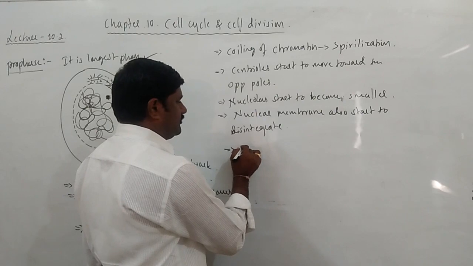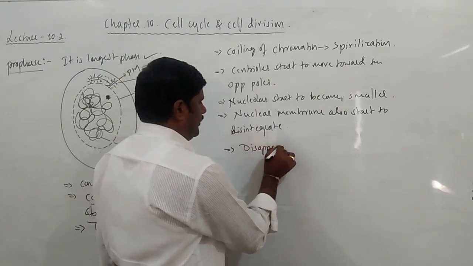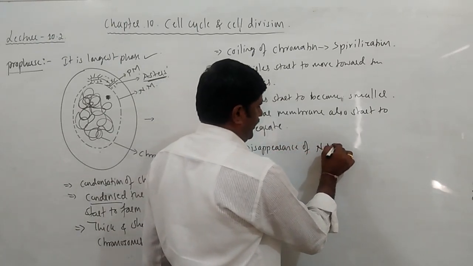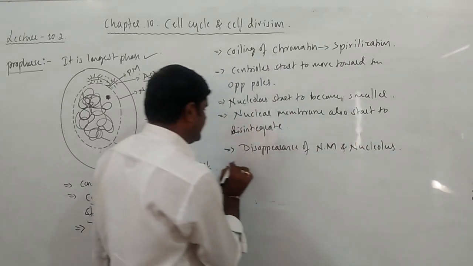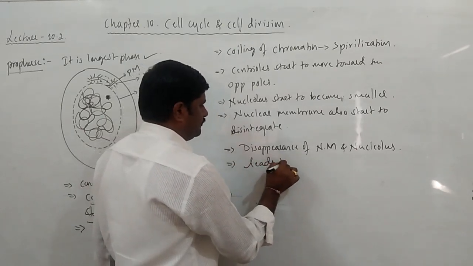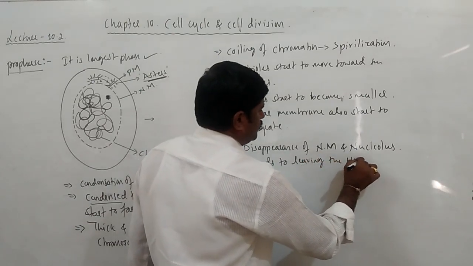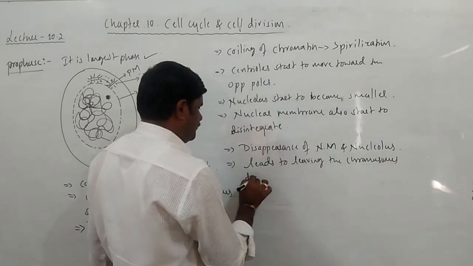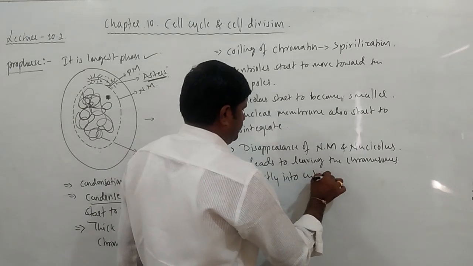Post-prophase, in post-prophase what happens? Disappearance of the nuclear membrane and nucleolus takes place. This leads to leaving the chromosomes directly into the cytoplasm.